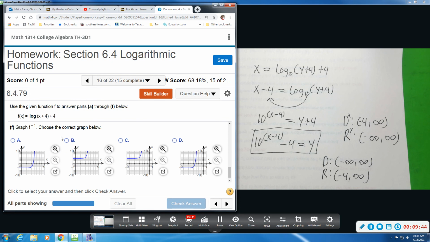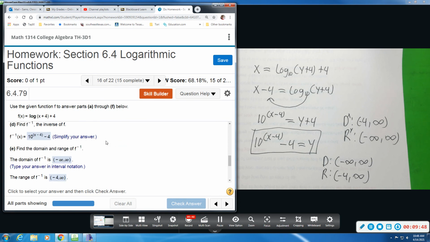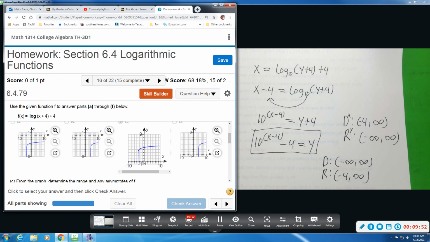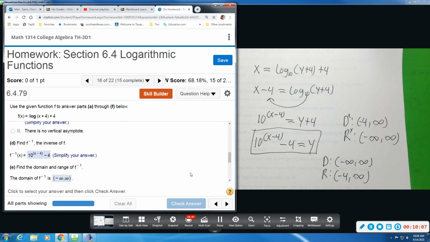Okay, and then we want to choose the graph. So it would be like the mirror image. It's like flipping it across the x-axis, so it'll be coming down, and then flipping it across the y-axis, so it'll be over here doing a mirror image over there. Again, you can graph it. That'd probably be the best way to visualize it.